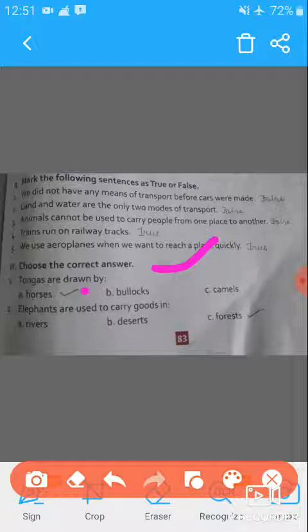Students, elephants are also an important means of land transport. Elephants are used to carry wood from the forests. That means option C, forest, is the correct answer.